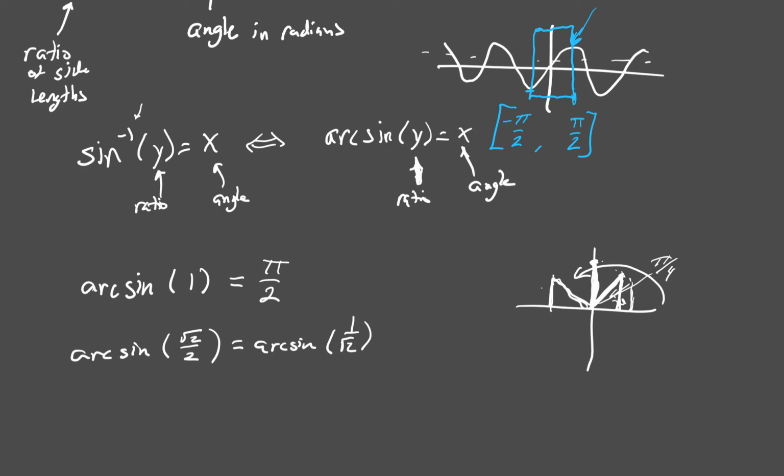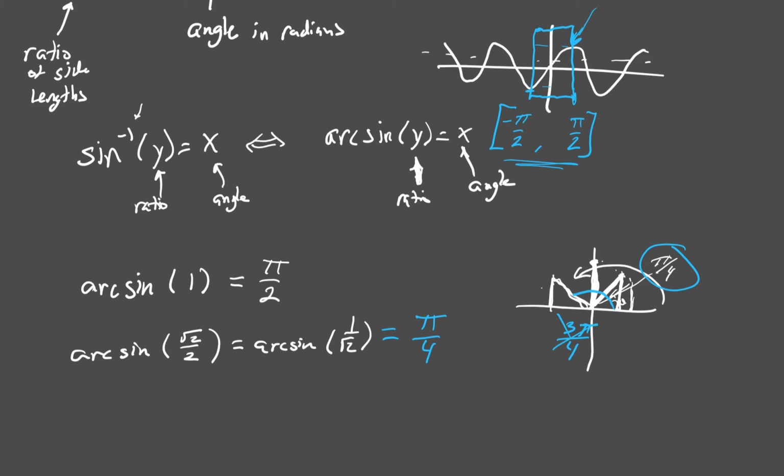And that's the number that we're going to pick out to be the arc sine, the inverse sine of whatever the ratio here is between negative 1 and 1. Okay. So the one that I want to pick, this angle here, this would be 3 pi over 4. Right? That's bigger than pi over 2. So it's not in this blue box, so we're not going to use this one, we're going to use this one. So this is going to be pi over 4.